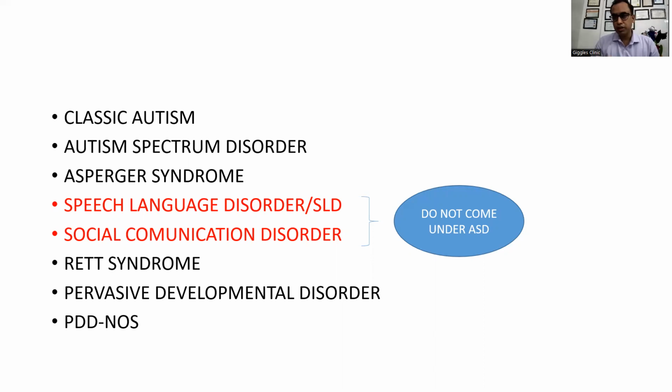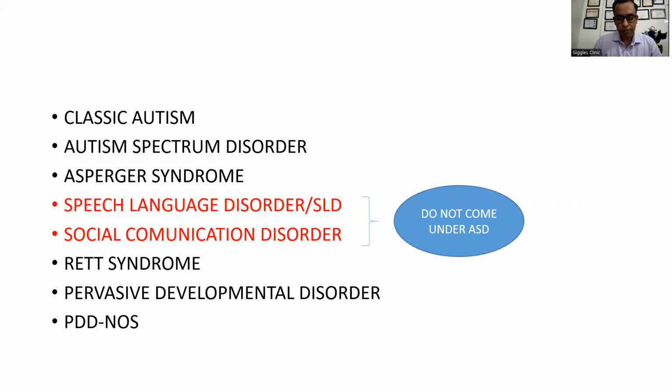Another is pervasive developmental disorders, or PDD, that is pervasive developmental disorders not otherwise specified. Every one of us might have come across all these diagnoses, and we might get confused about what exactly my child lands up with. So we'll be figuring out each of these and see what exactly they mean.